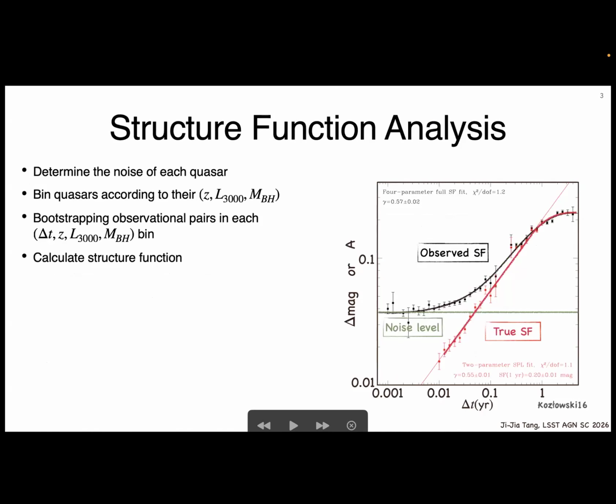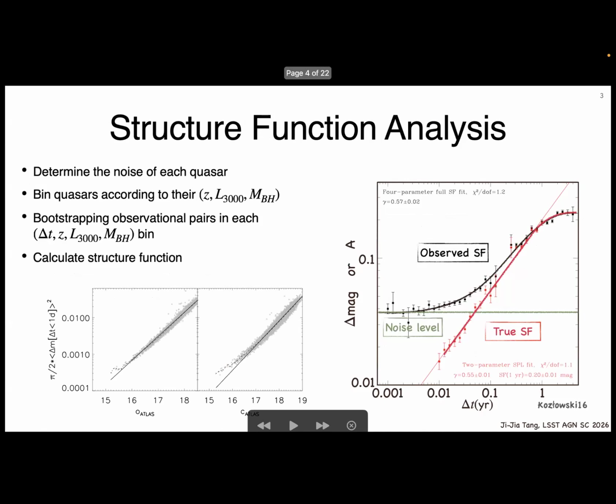For people who are not familiar with the SF, basically we calculate the amplitude difference versus the time separation of two epochs on the light curve, and then we need to subtract the noise to get the true structure function. In our current method, we determine the noise of each quasar based on the relation of the observed magnitude versus their intra-night amplitude change.